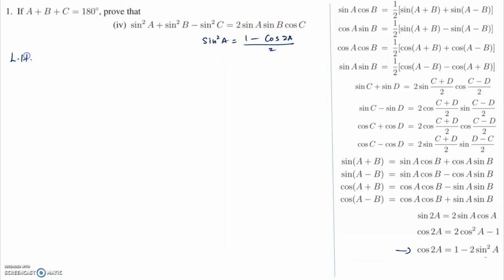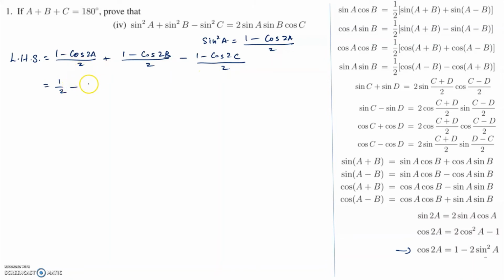Therefore, our LHS will now become (1 minus cos 2a) by 2 plus (1 minus cos 2b) by 2 minus (1 minus cos 2c) by 2. So rearranging this, this will become 1 by 2 plus 1 by 2, plus 1 by 2, minus 1 by 2. So this will become 1 by 2.